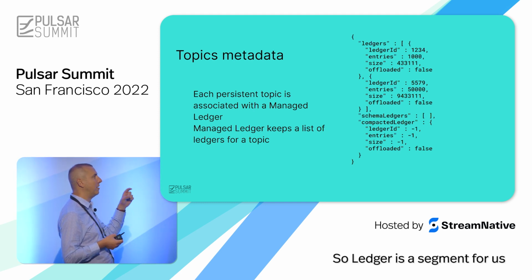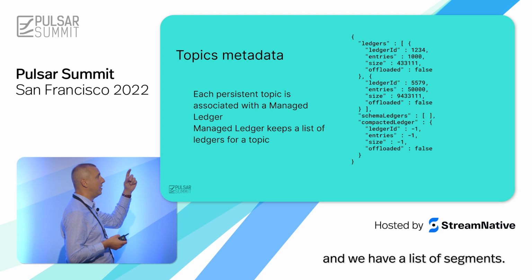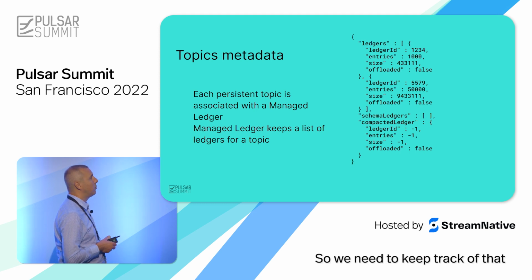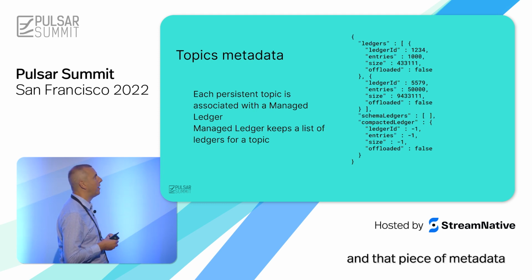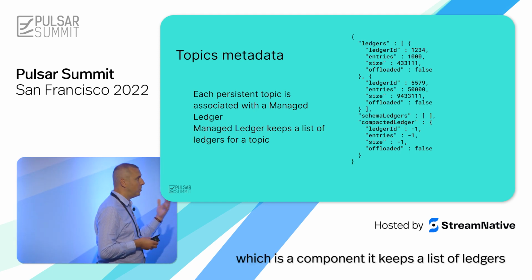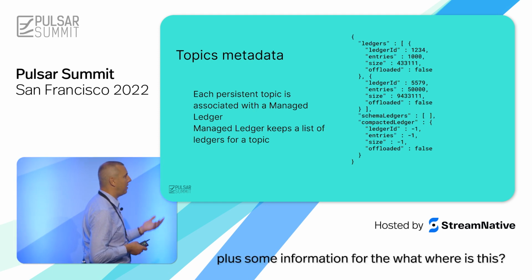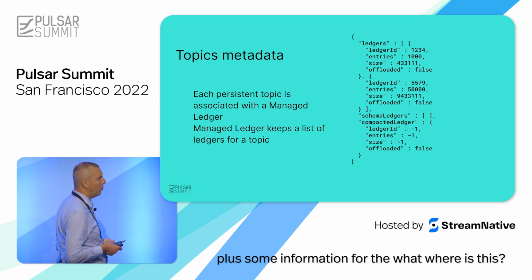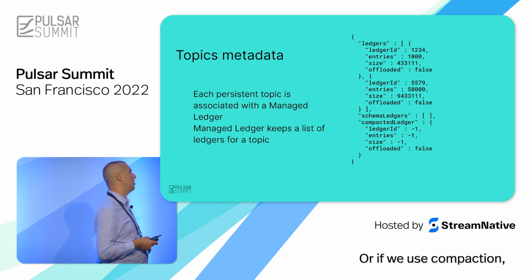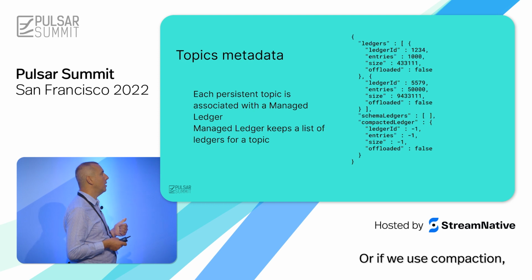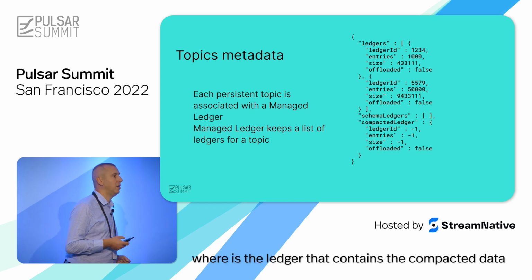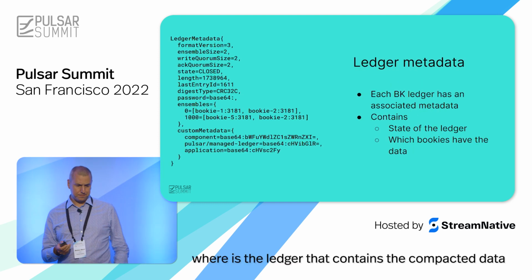So a ledger is a segment for us, and we have a list of segments. We need to keep track of that, and that piece of metadata has to be stored somewhere. This is called the managed ledger, a component that keeps a list of ledgers, plus some other information, for example, where the schema is located, or, if we use compaction, where the ledger that contains the compacted data is.